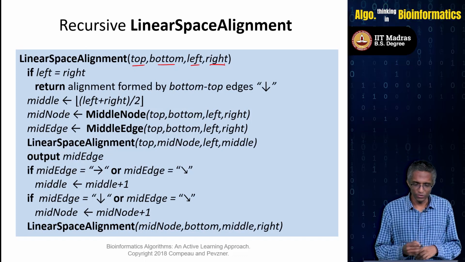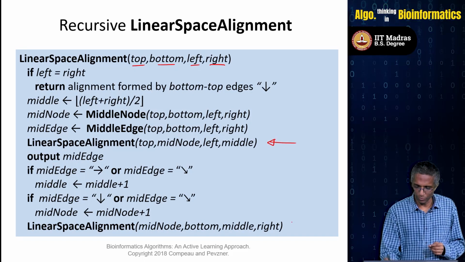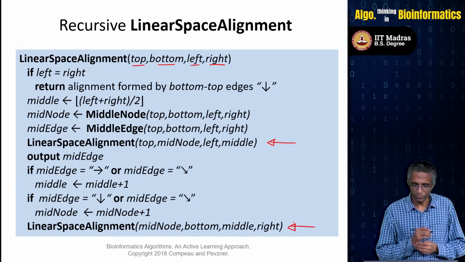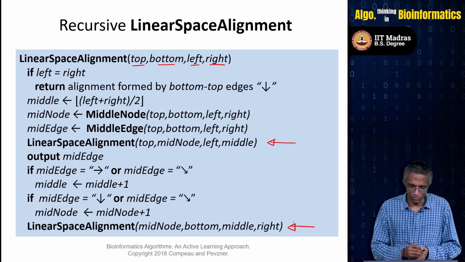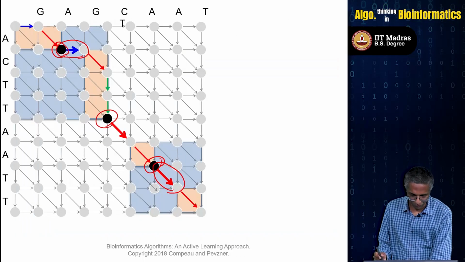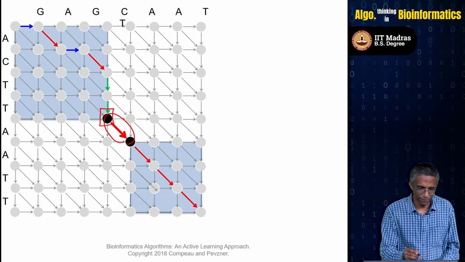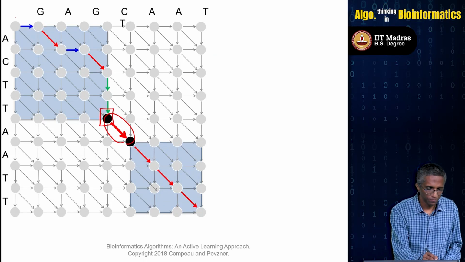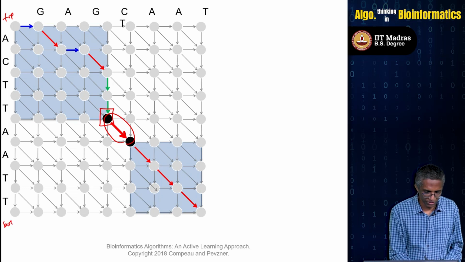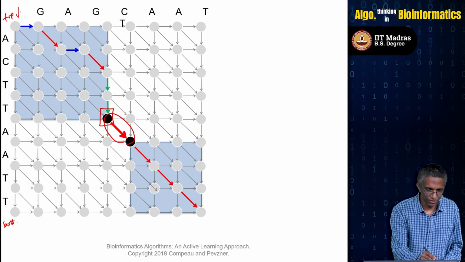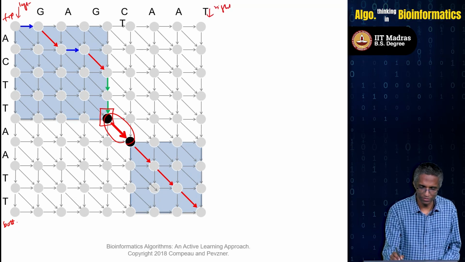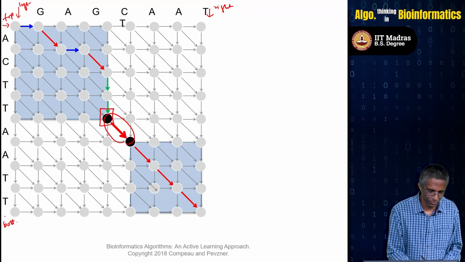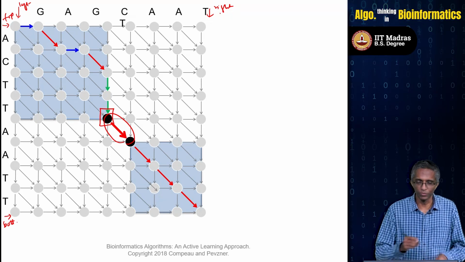Then you split it into 2 different subproblems after you have figured out the middle node and the middle edge. So this is your top row, this is your bottom initially, and this is your left column and your right column initially.